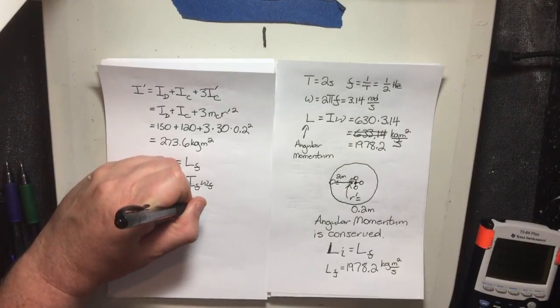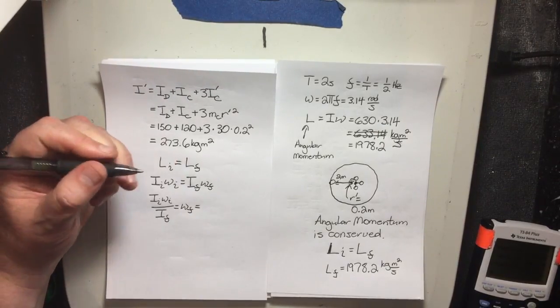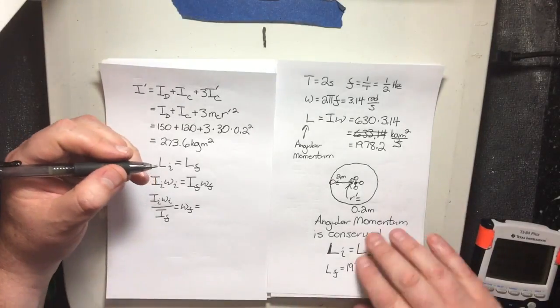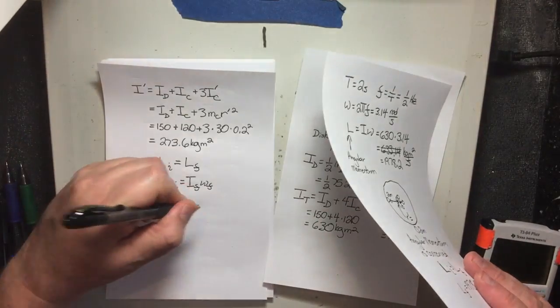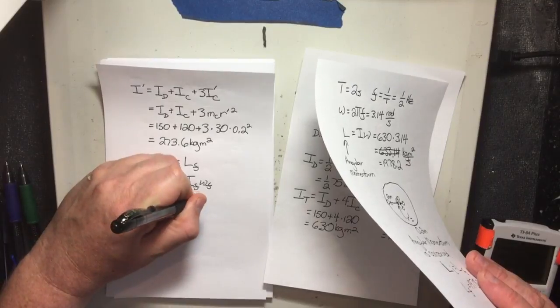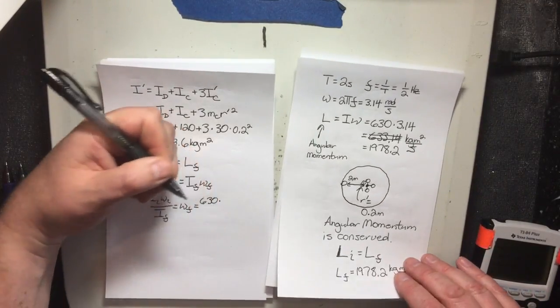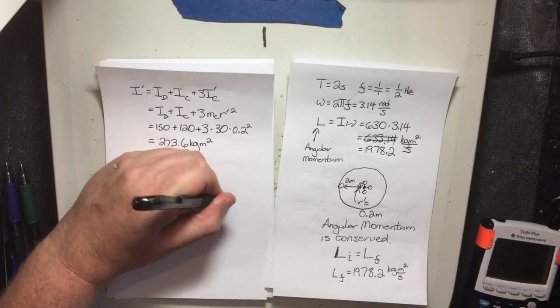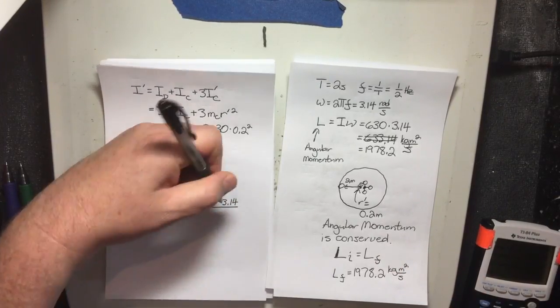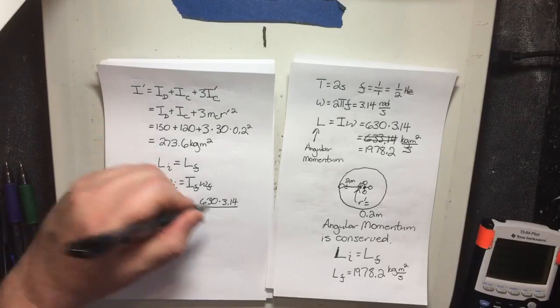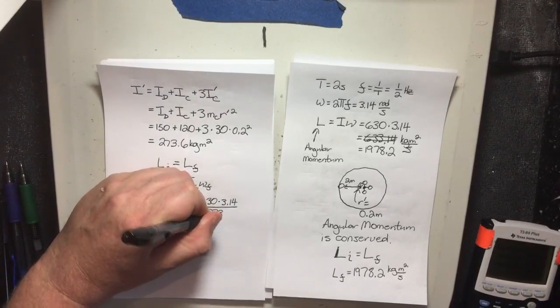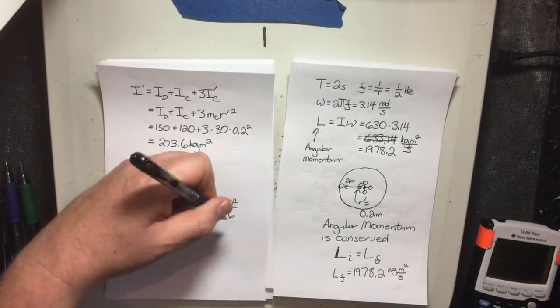which is now, let's see, 630 times 3.14 divided by 273.6.